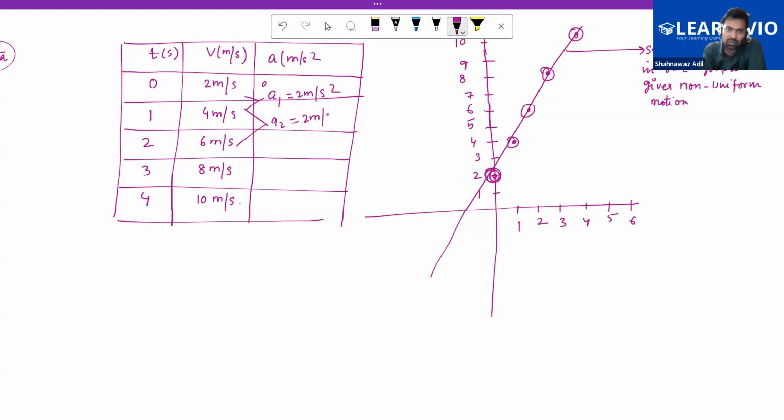That is 2 meter per second square. From here to here, and from here to here, what is the acceleration? So what kind of acceleration is this? Uniform acceleration. Good, so this is uniform acceleration.